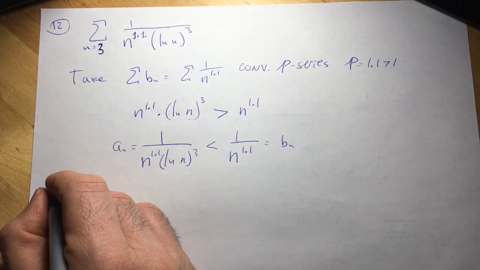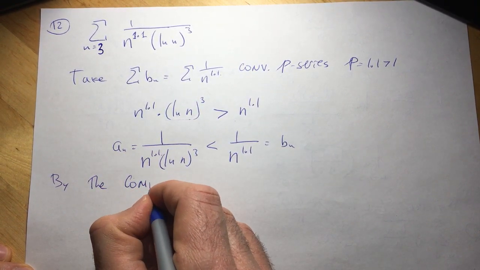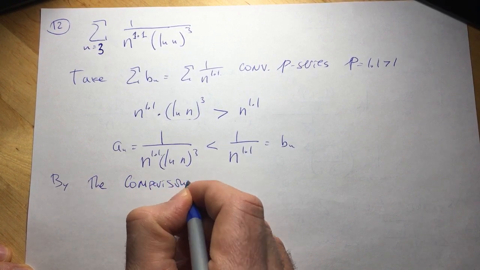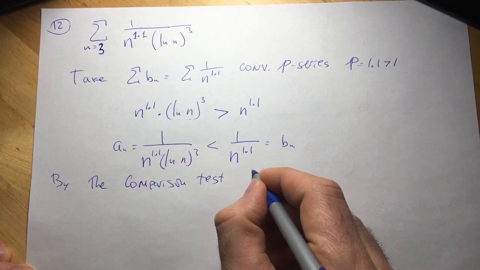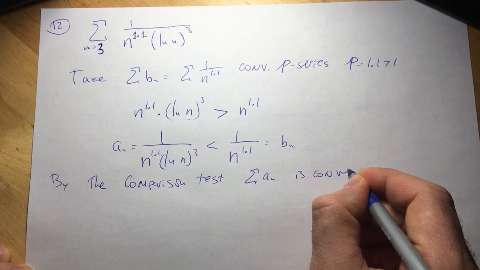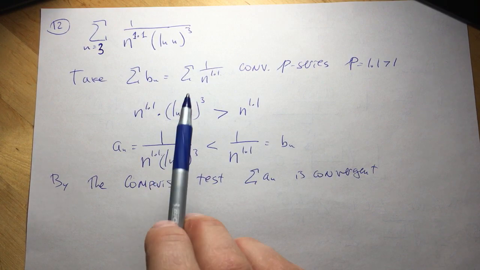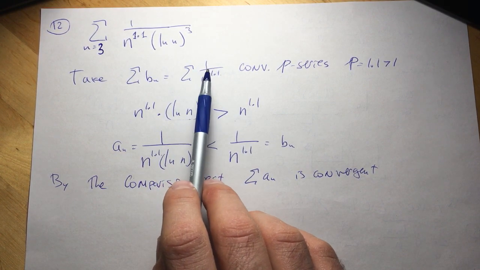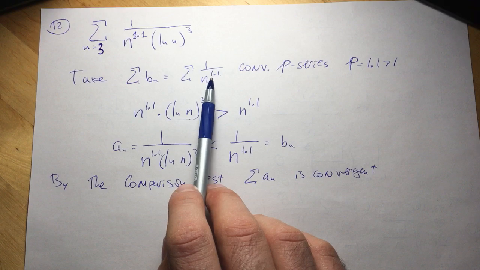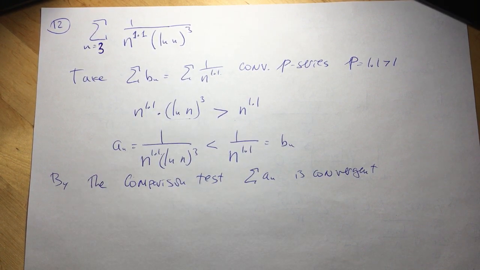So by the comparison test, sum of an is convergent. Here the limit comparison test with this particular expression for bn would also work, because you would get that the limit is going to be 0.